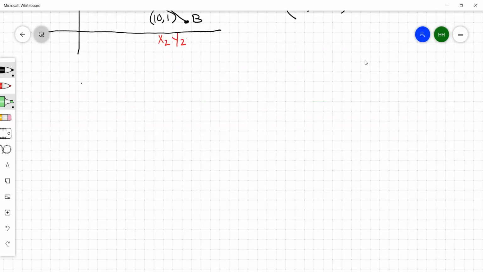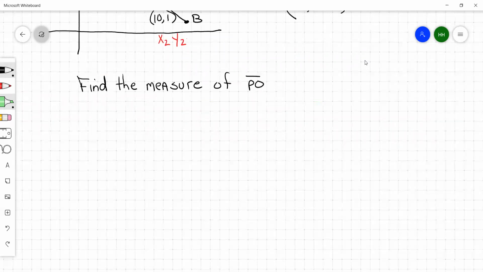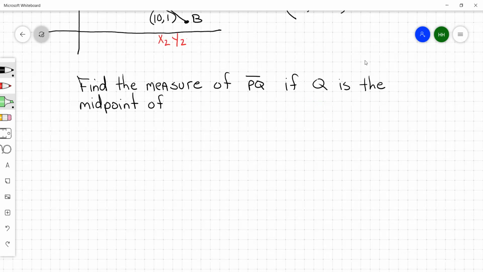We're going to find the measure of PQ if Q is the midpoint of PR. And then you get this picture.